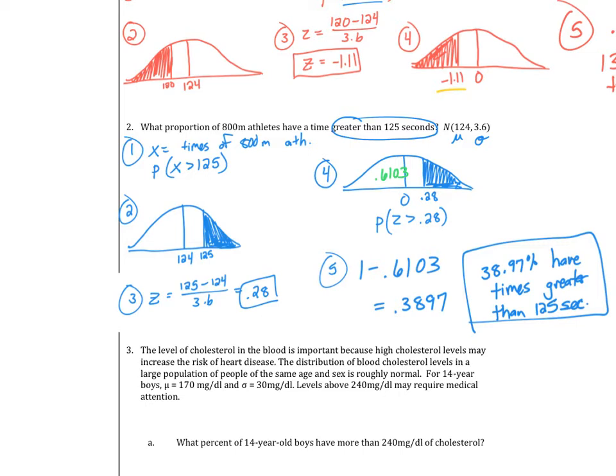Based on what we found there. So using our z table, we can find out what percent of people will run longer than 125 seconds in the 800-meter dash.